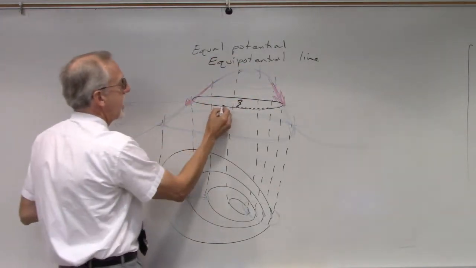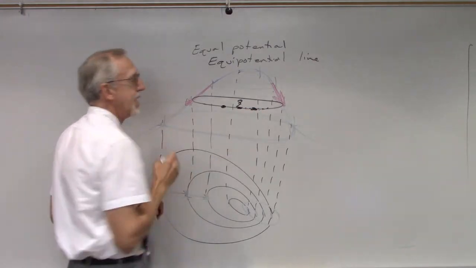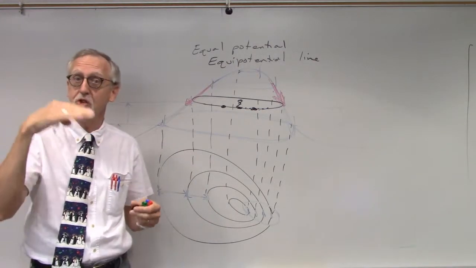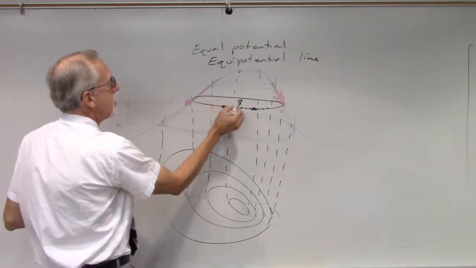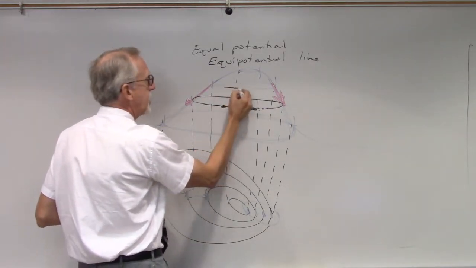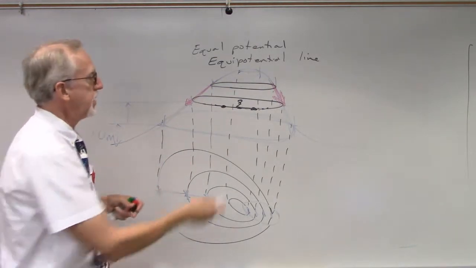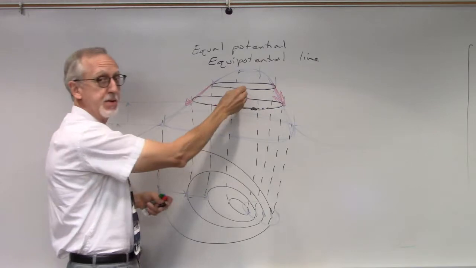This line, every point on that line has the same value for the potential. In other words, the same height, the same value of gh. This line does not have the same potential as this line. So when we say equipotential lines, we don't mean that one line has the same potential as another line.